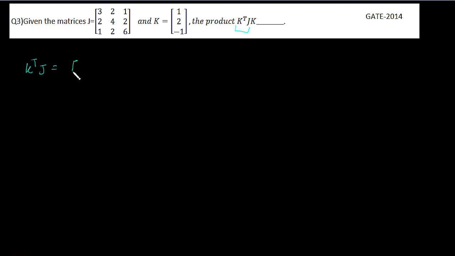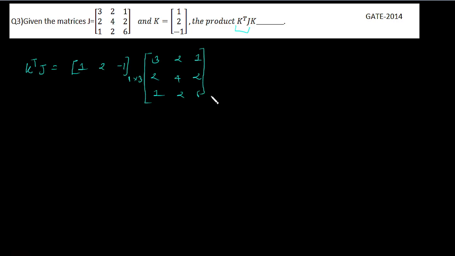What we get is simply 1, 2, minus 1, which is a 1 cross 3 row matrix, and J remains as it is: 3, 2, 1, here 2, 4, 2, and here 1, 2, 6.